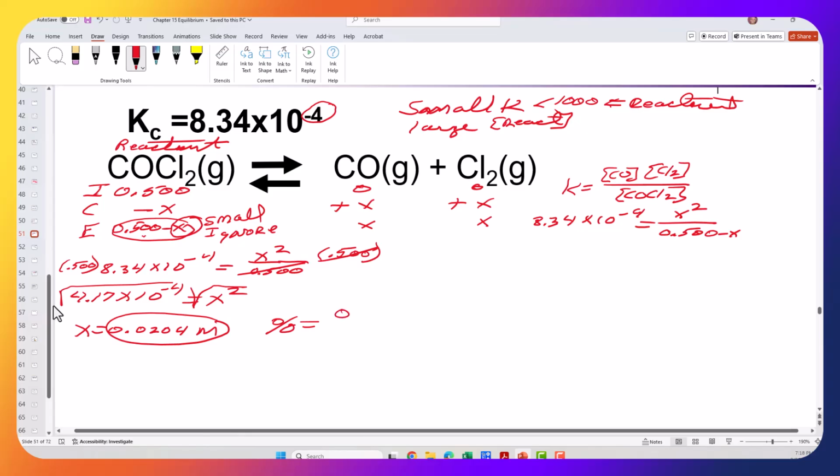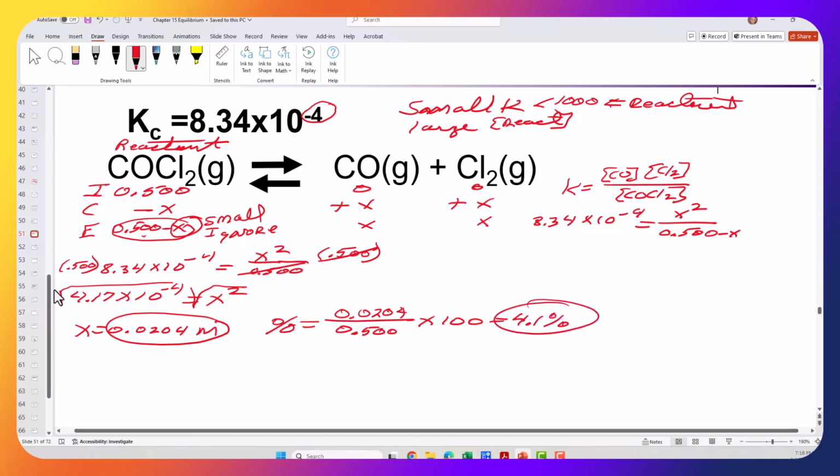So I've got 0.0204 divided by the starting concentration, which is 0.500, and then I multiply by 100, and I get 4.1%.